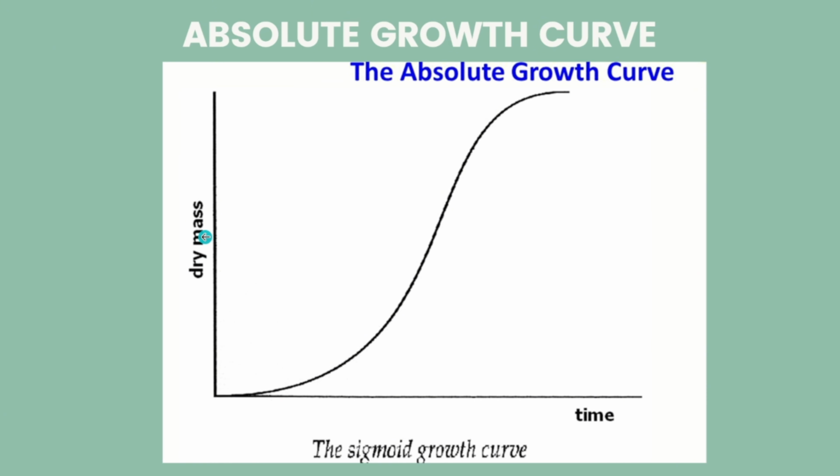Dry mass is normally for plants. So normally the exotic growth curve is a sigmoid curve shape to determine the growth of the organism over time by using the parameters.